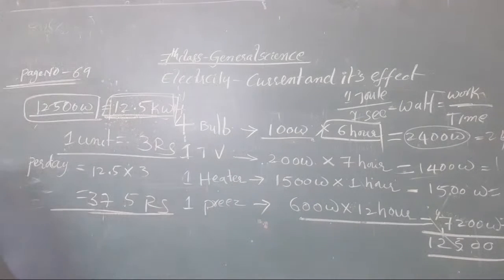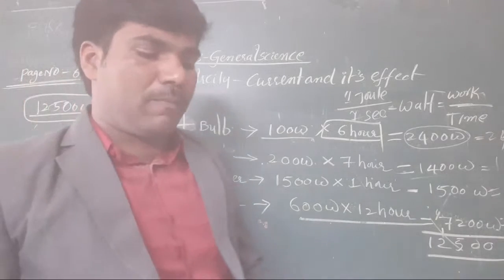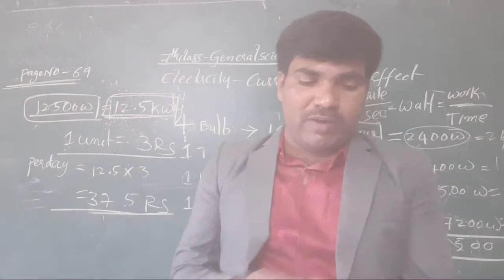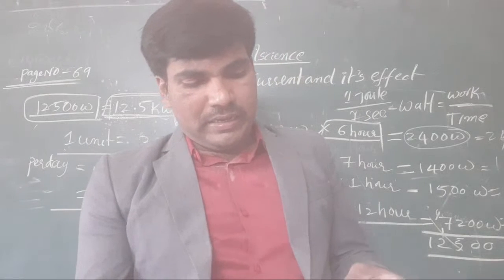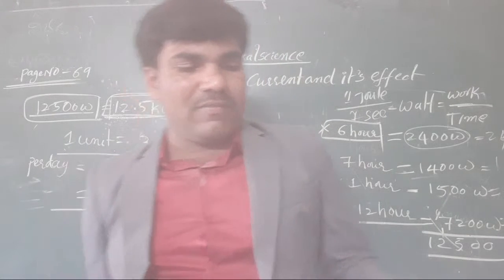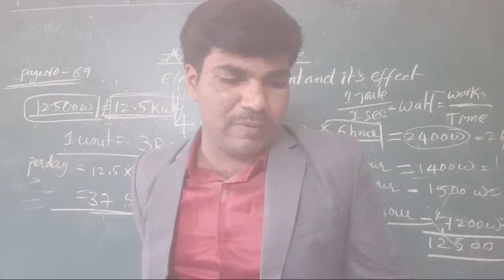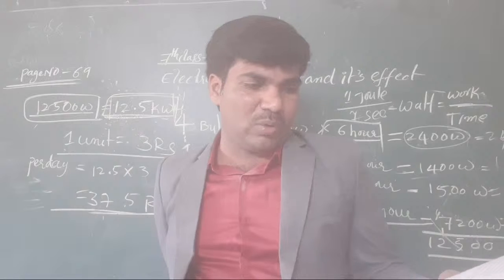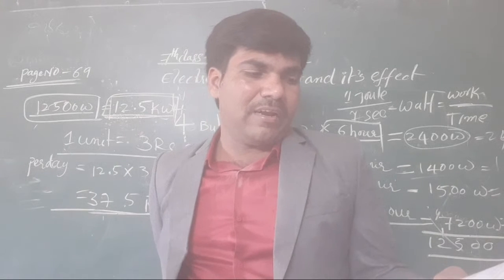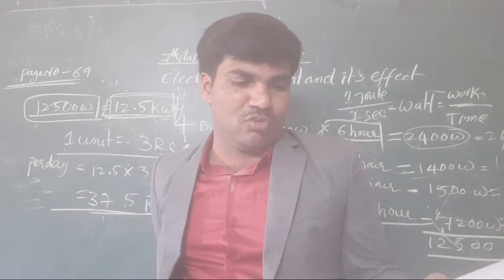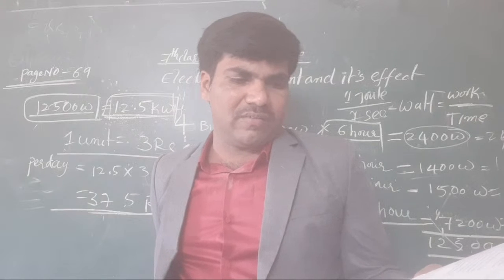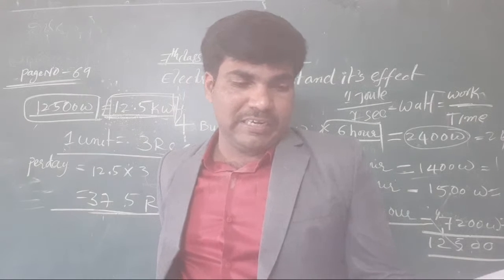Okay, in our textbook also they have given one formula and one particular problem. What is the problem they have given? Here the reading on January 1st is 400 units. The reading on February 1st is 580 units. The number of units of electricity used is 180 units.